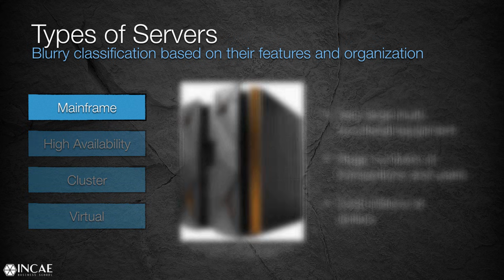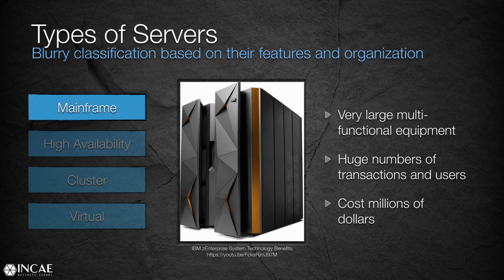A mainframe is a very, very large multifunctional equipment. These servers are capable of running a huge number of transactions and supporting the workloads of thousands of users. They will generally cost millions of dollars and will generally be found only in Fortune 500s or big financial firms, firms that have enough workloads to justify the investment in one of these humongous servers.